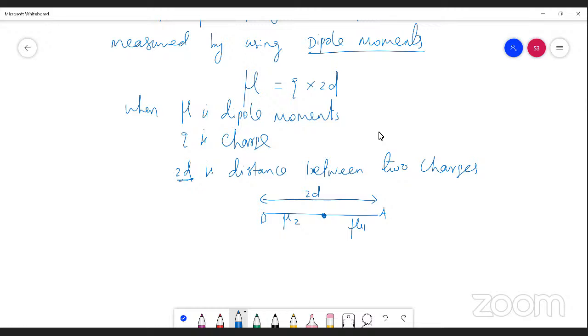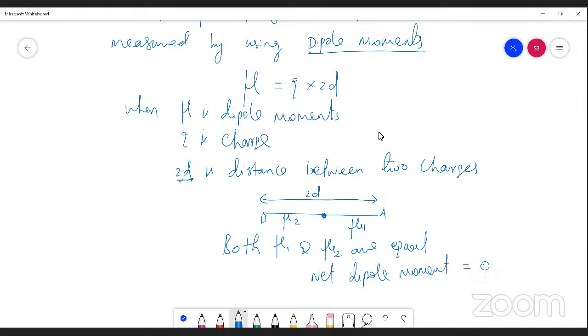Both mu1 and mu2 are equal, so the net dipole moment is equal to 0.